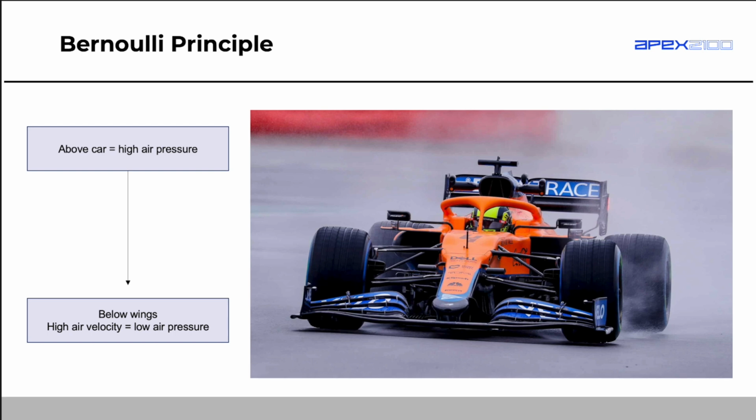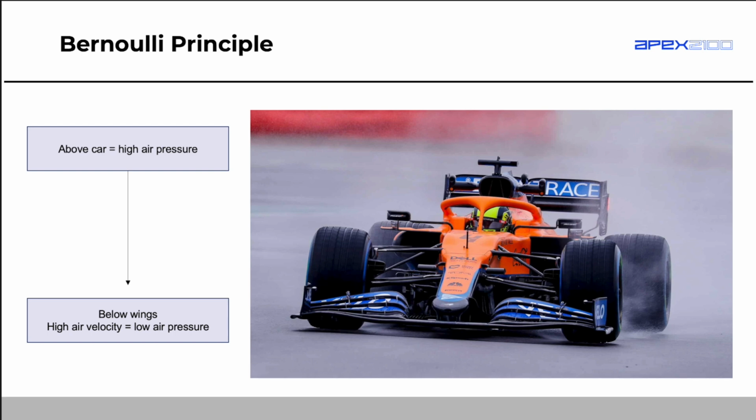Now remember, high pressure always wants to move towards low pressure. To keep the car on the ground, we're going to have the air above the car pushing down on the car to get towards that low air pressure that's below it. There's a lot of things that go into how this exactly works. I just want you guys to remember that high air pressure wants to move towards low air pressure.